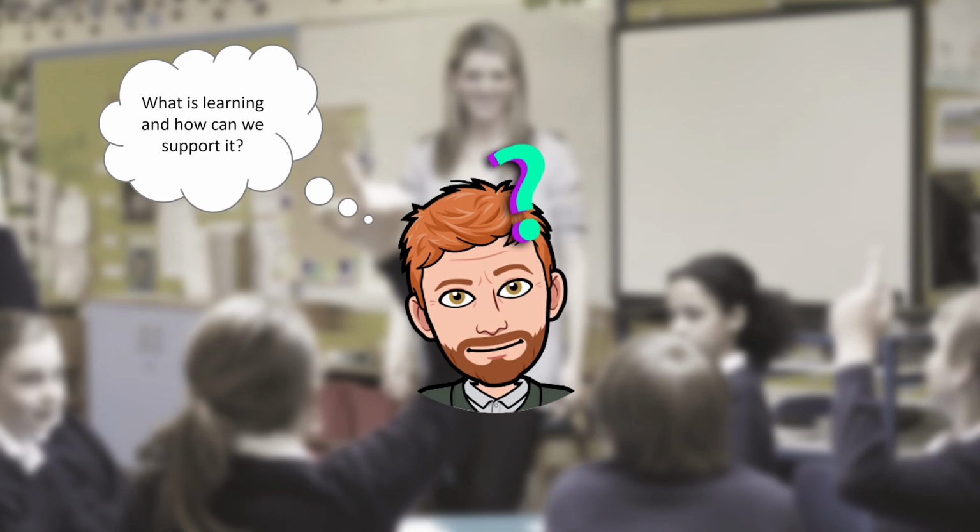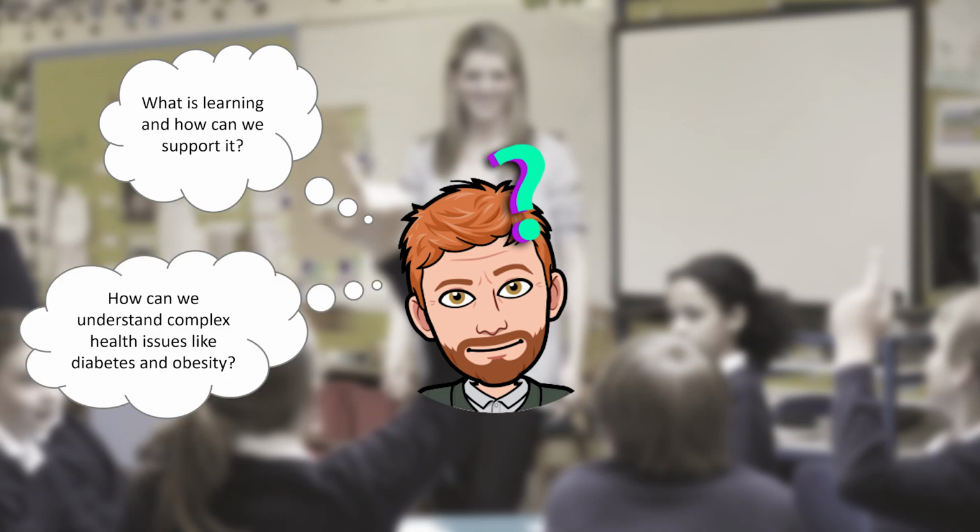Anyway, for me, complexity science and related approaches like systems thinking and ecology offered a way to get over the old dichotomies and take a more intelligent and realistic approach to life, education, and specific issues like what is learning and how can we support it? How can we understand complex health issues like diabetes and obesity?